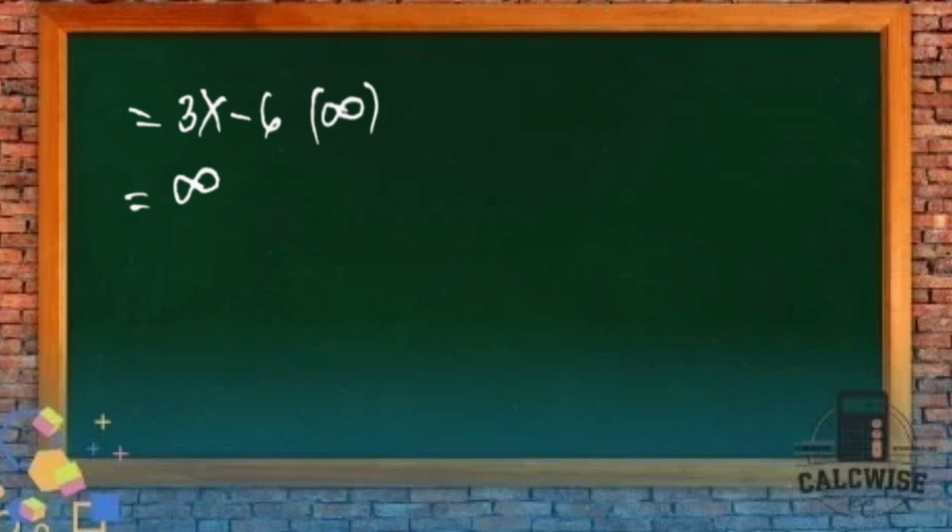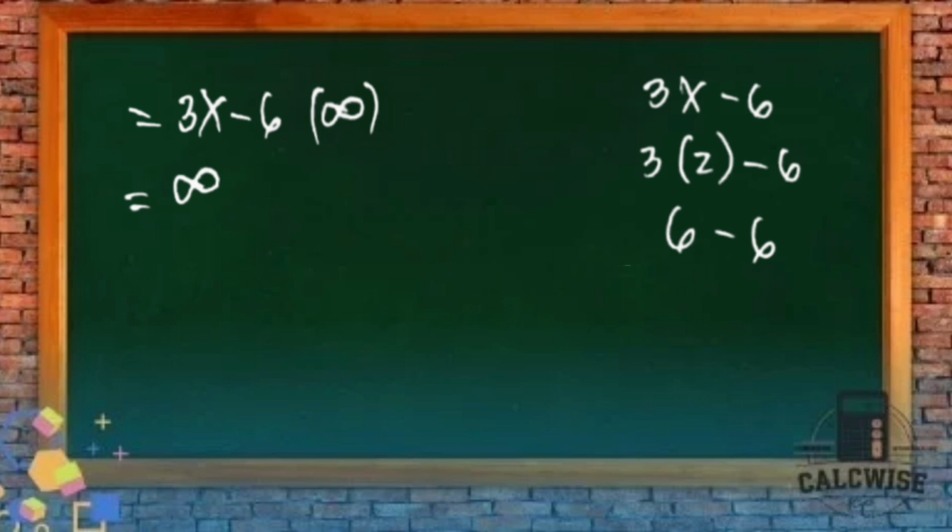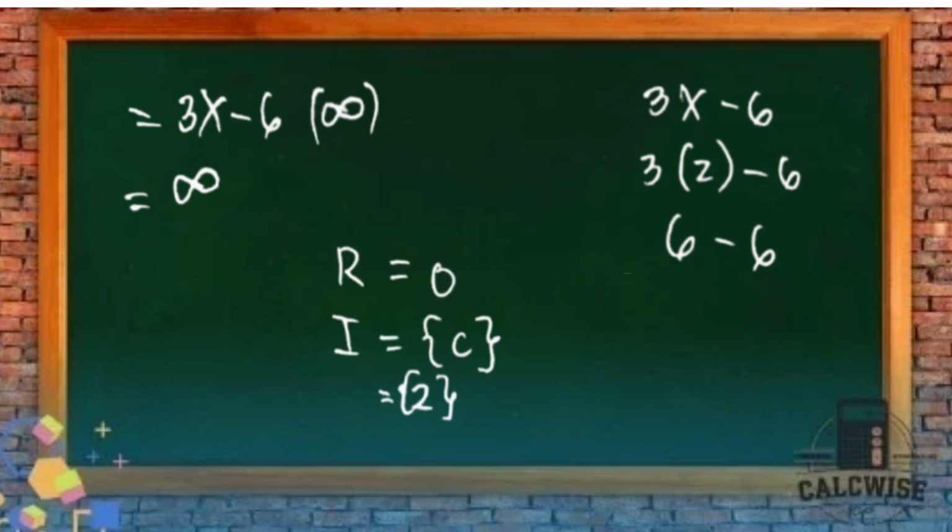And if we plug in the x value here in 3x minus 6, our x is 2, 3 times 2 is 6, minus 6 is equal to 0. So our r is 0, and the interval of convergence is the center, and our center is 2.